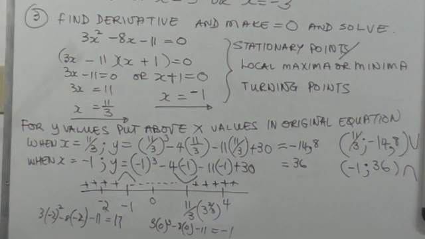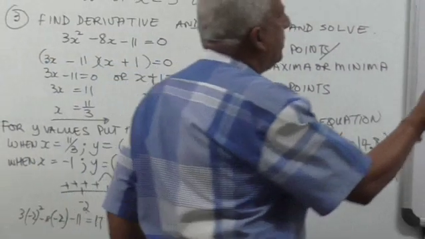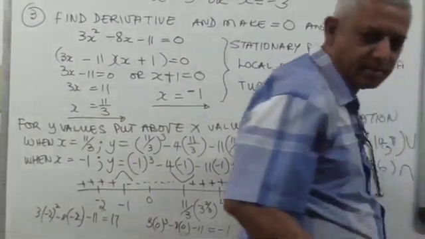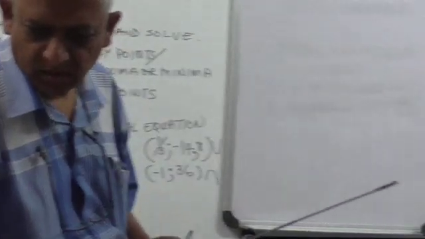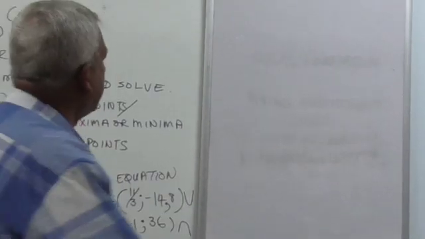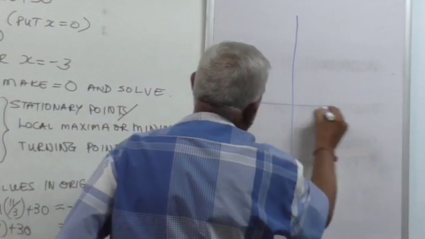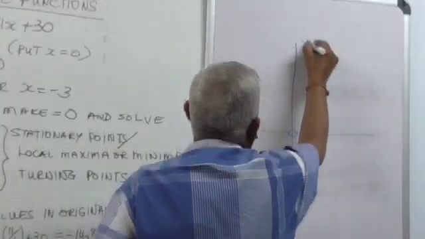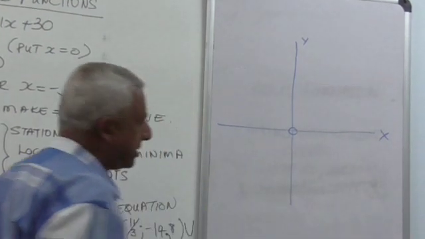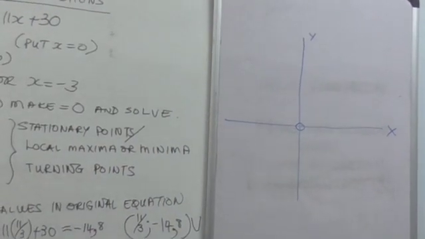Alright, so to draw the graph, this is what we do. We do a rough sketch. Let's just put the axes in another color. So it's a rough sketch, and there's your y-axis and there's your x-axis. And remember, it's a rough sketch.